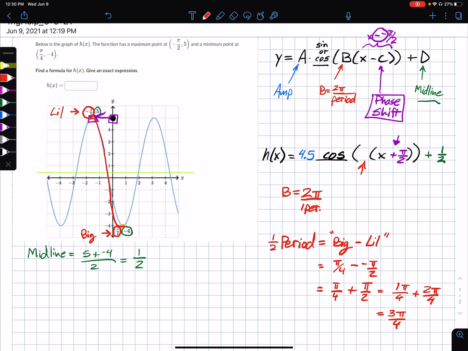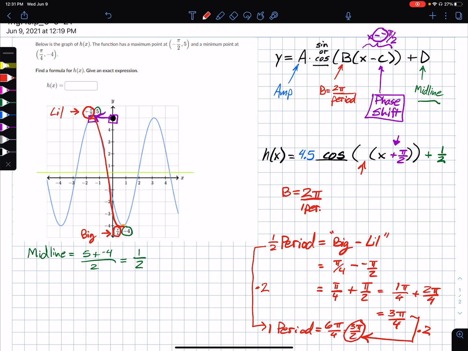Now, we actually want to know what 1 full period is. So this becomes an easy scaling problem. To scale from a half to a full means we're just doubling. So I'm going to double 3 pi fourths, and to double something, you just double the top on a fraction. This will be 6 pi fourths, which is reducible. That's going to be 3 pi halves.